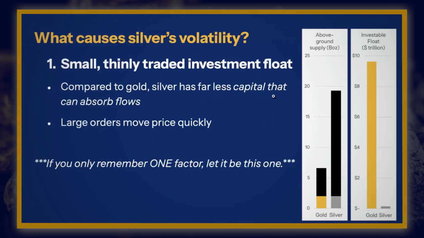So that means that dollar for dollar, gold can absorb more dollars without moving the price, whereas if you put the same dollar value into silver, you're going to move the price more dramatically. So that's the primary source of volatility in the silver market. So silver has far less capital that can absorb flows, and large orders move the price more quickly. So if you only remember one factor, let it be this one. This is the most important one.